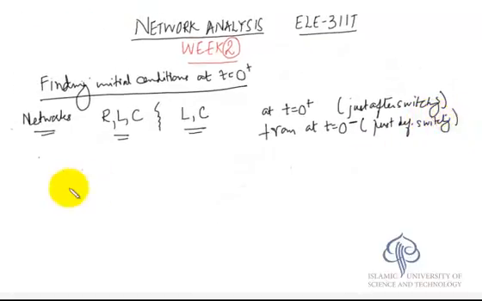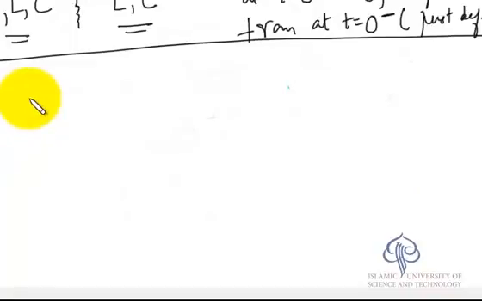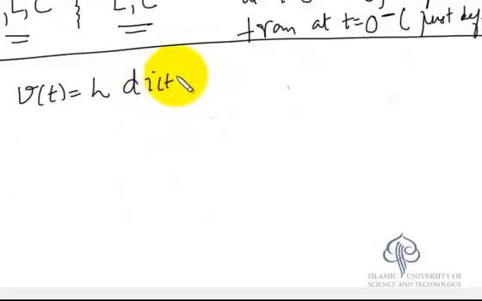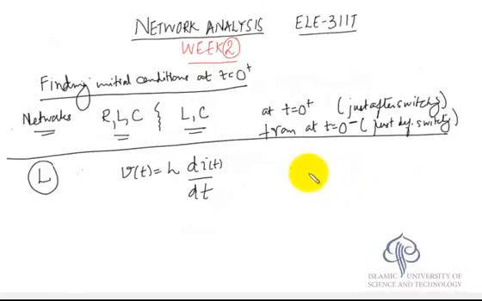And how is that? Let us take the example of the inductor. We know that the governing equation for the inductor is v(t) is equal to L di(t)/dt, where i(t) is the current through the inductor and v(t) is labeled like this.